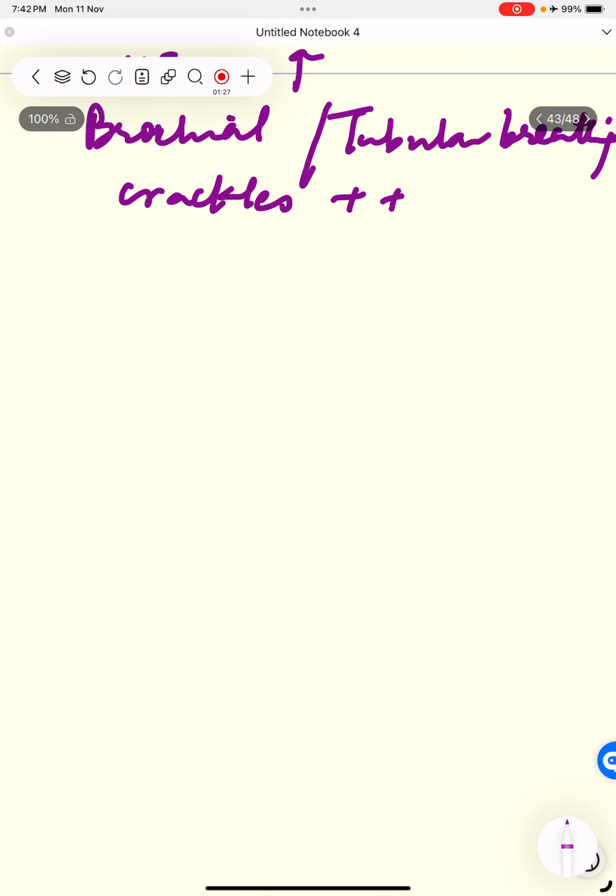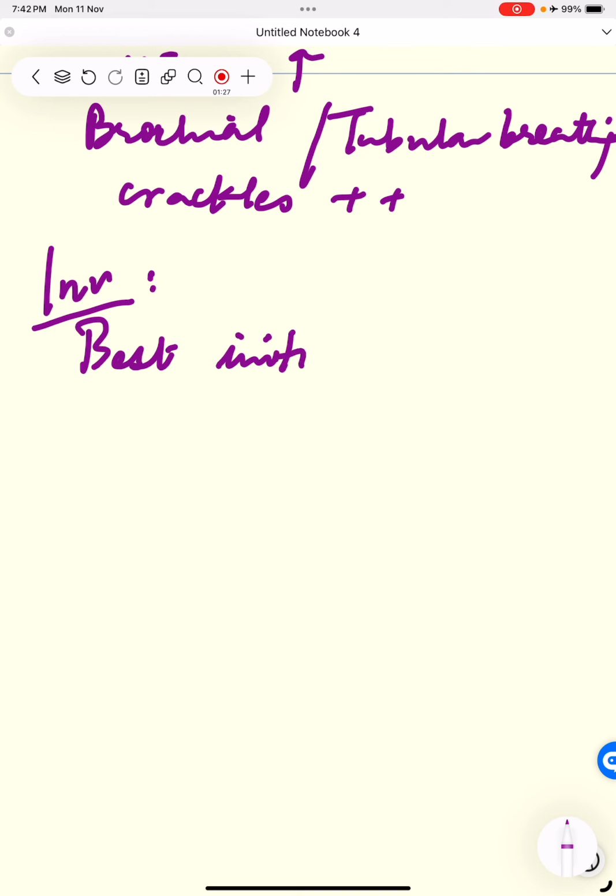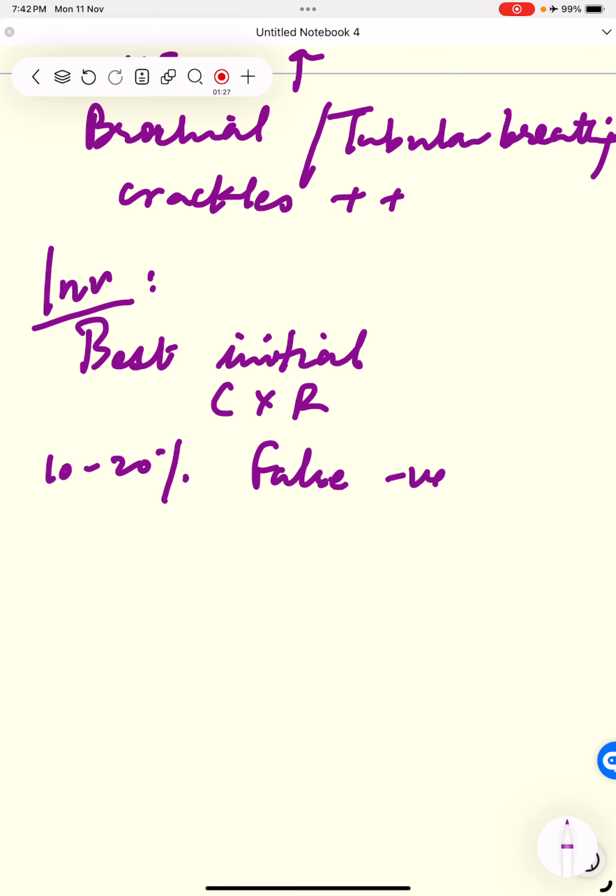Now when we proceed to look into the case, we definitely want to go for some investigations. So the best initial investigation to think of is chest x-ray. But we have to remember that about 10 to 20% of the cases can be false negative, because consolidation will take few days to develop that kind of opacity that will be evident on the chest x-ray.